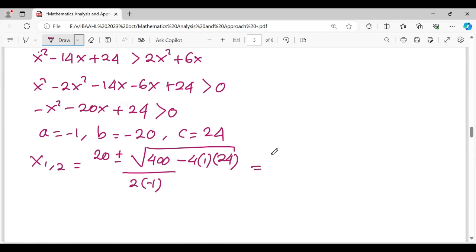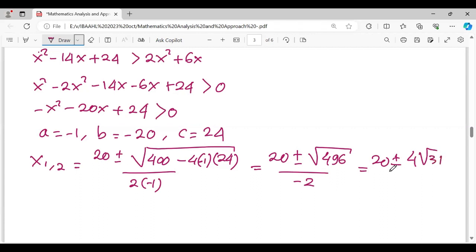So it becomes 20 plus minus the square root of 400 plus 96, 496, over minus 2. Or 20 plus minus 4 square root 31 over minus 2.